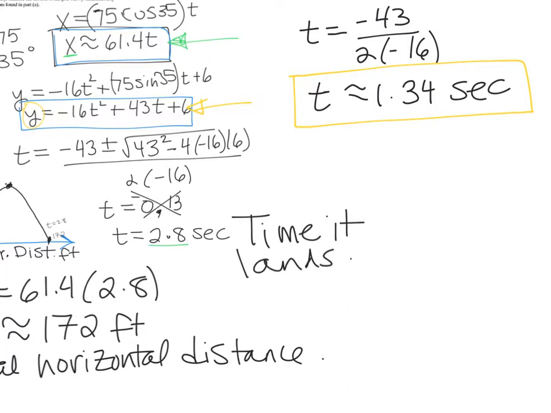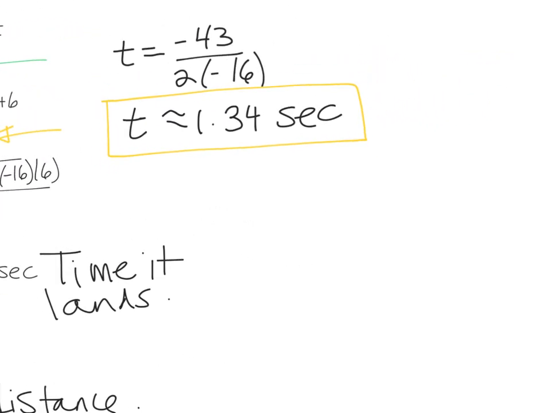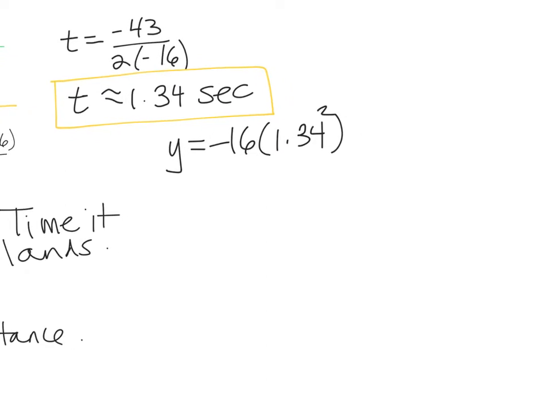And now, what is that max height? So we need to plug into our y equation that time of 1.34, and we will find our max height. So I'll scoot this over just a little bit. I feel like these are a little long. Okay, so we've got the max height. Well, y is given by negative 16 times t squared, so 1.34 squared, plus we had 43 times t, so 1.34, and then plus that initial height of 6.